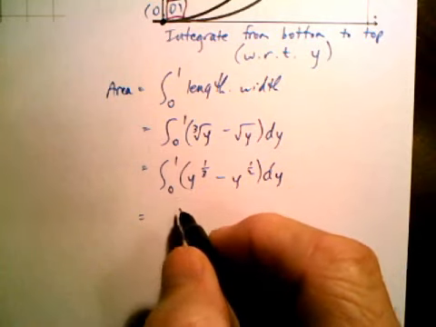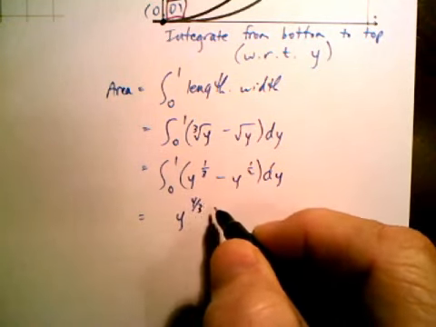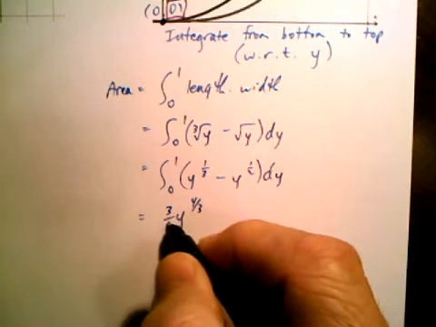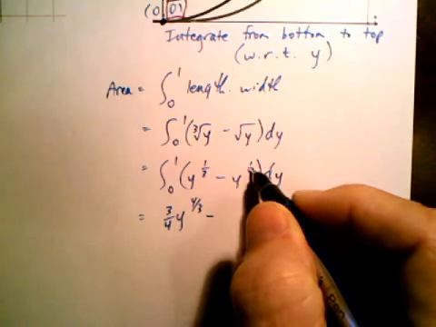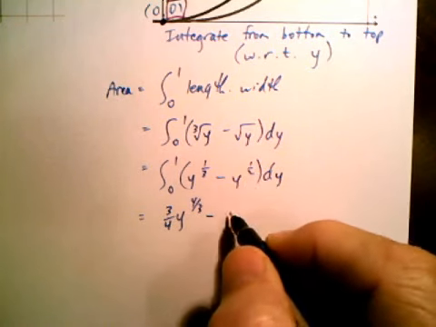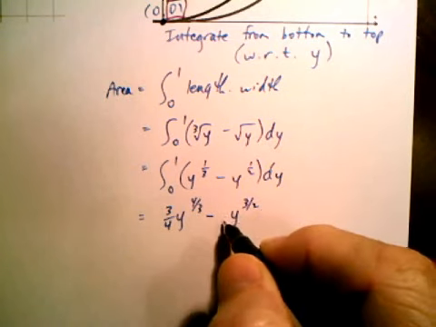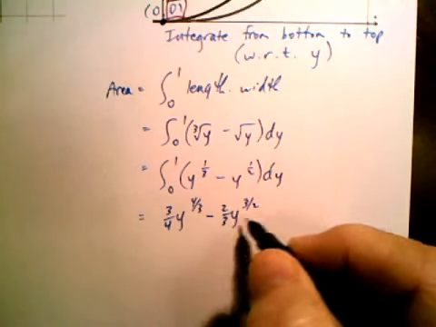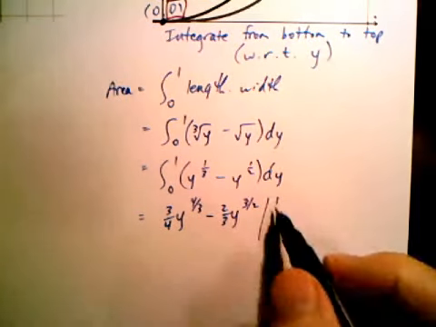So the way I think of that is y to the 1/3 plus 1, that's going to be 4/3, divided by 4/3 or multiplied by 3/4. Same thing over here. y to the 1/2 plus 1 is 3/2, divided by 3/2 is the same as multiplying by 2/3.